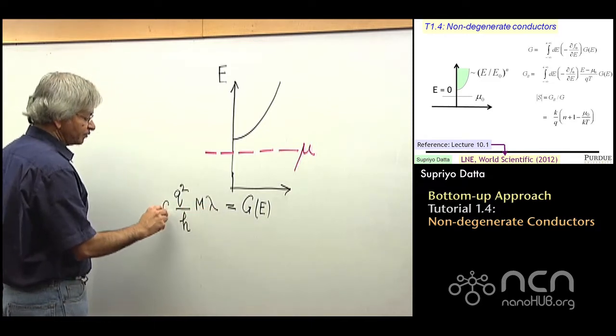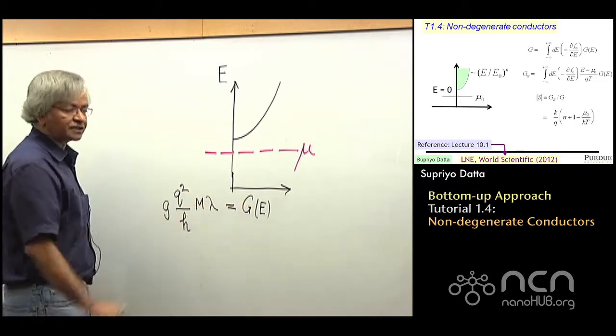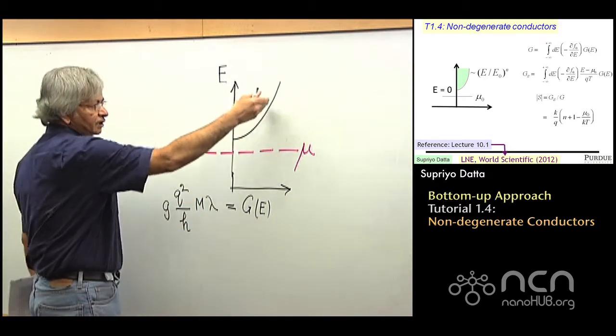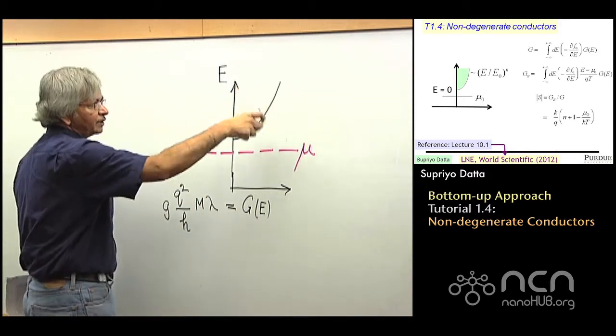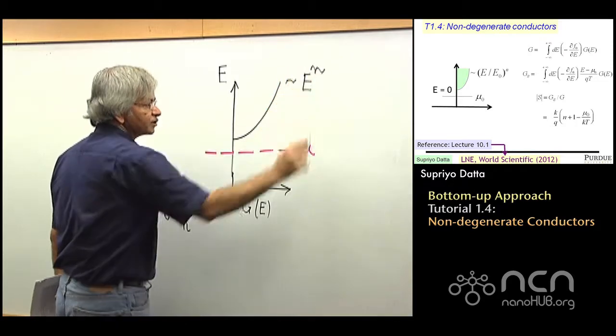And if you want a degeneracy factor, you could throw that in. So usually this conductance function would look something like this, and this would have some variation with energy. We could write it as something that looks like, say, E to the power n, some variation like so.